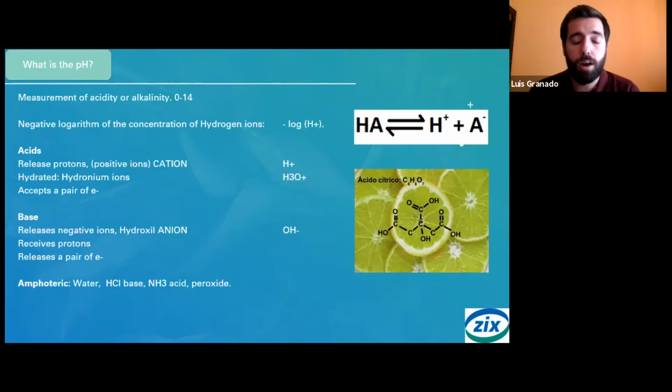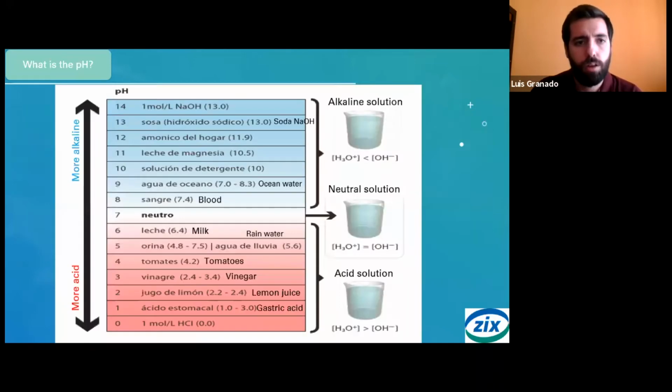They are called amphoteric, and they can be water, ammonia, peroxide, etc. But again, there's no point to get deeper into that just now. I want you to understand and get the idea of these hydrogen protons providing acidity to the environment, which are the result of the dissociation of the acids, right?